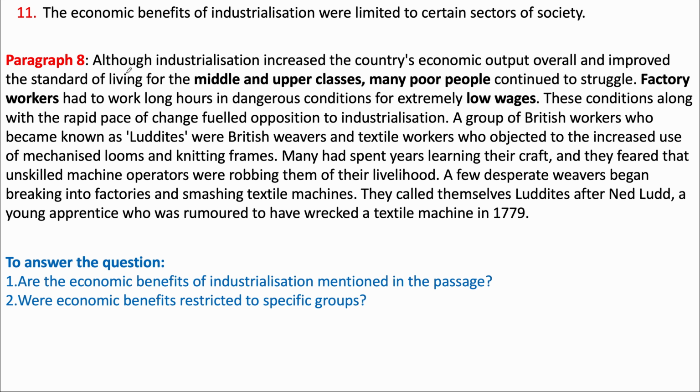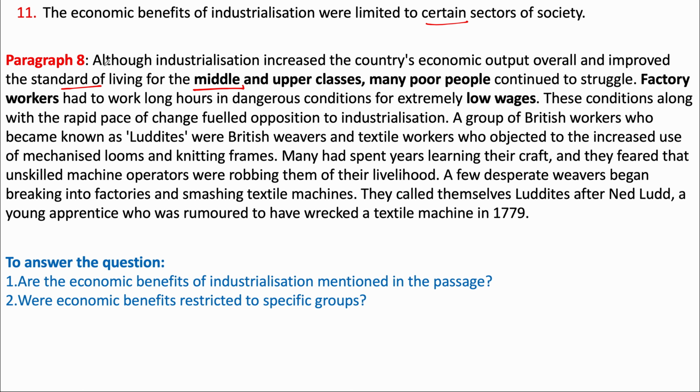The first sentence says that industrialization improved the standard of living for middle and upper classes. Middle and upper classes refers to specific sectors of society, and they clearly benefited economically because their standard of living improved.